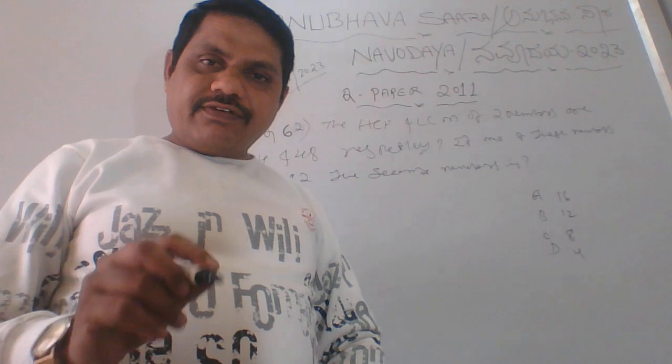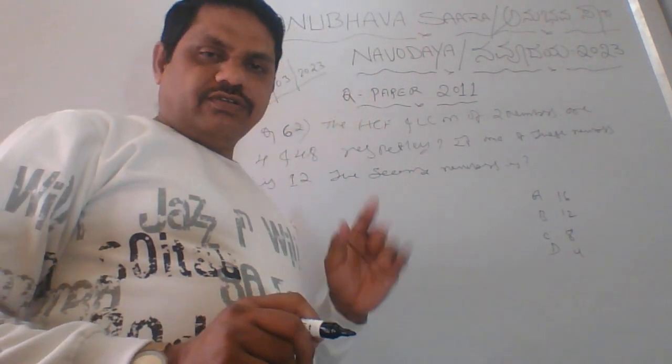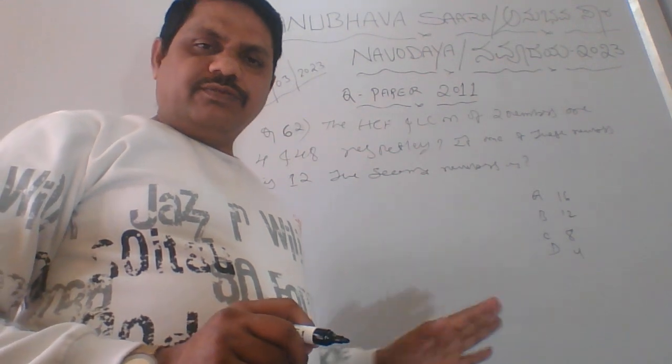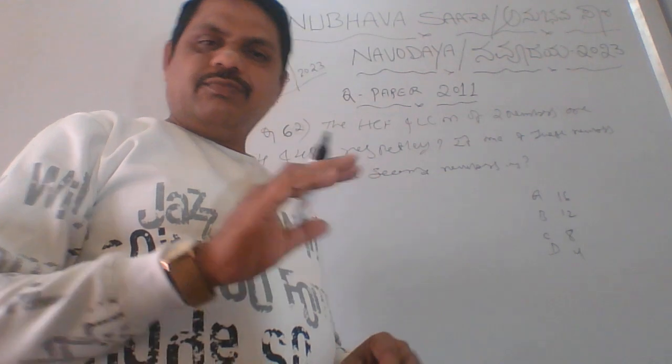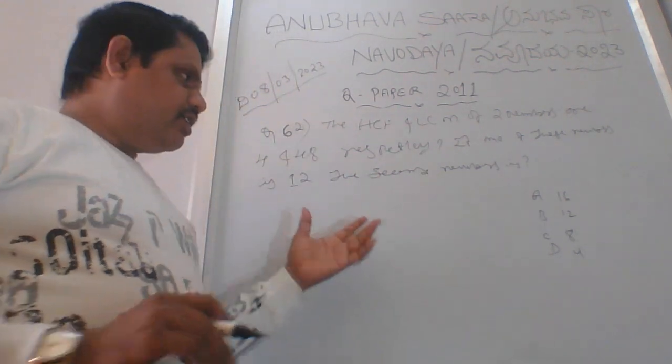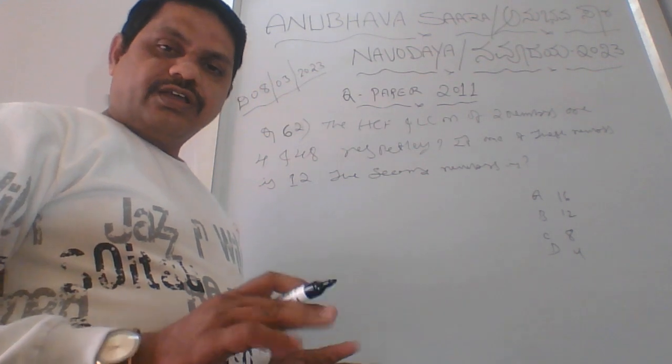That we have to find and understand the question properly. This is a very simple method, but you have to understand it in a proper way. So I'll segregate it one by one and we'll do the procedure of how we can do it.